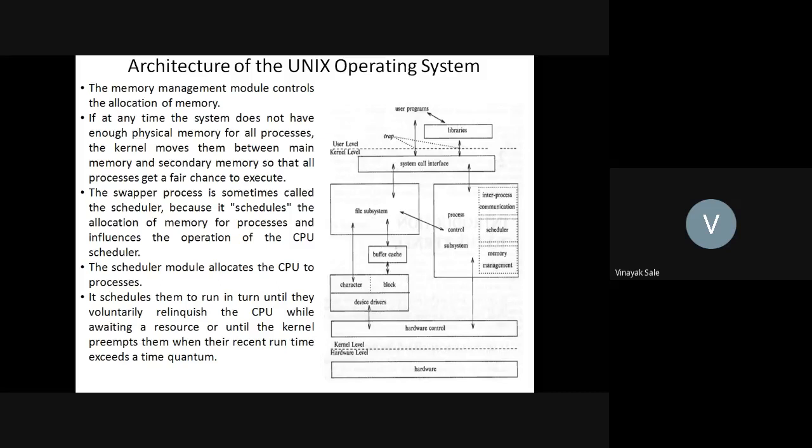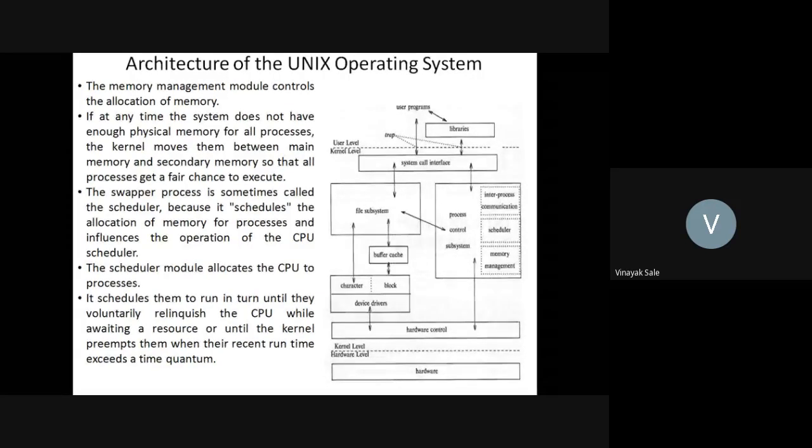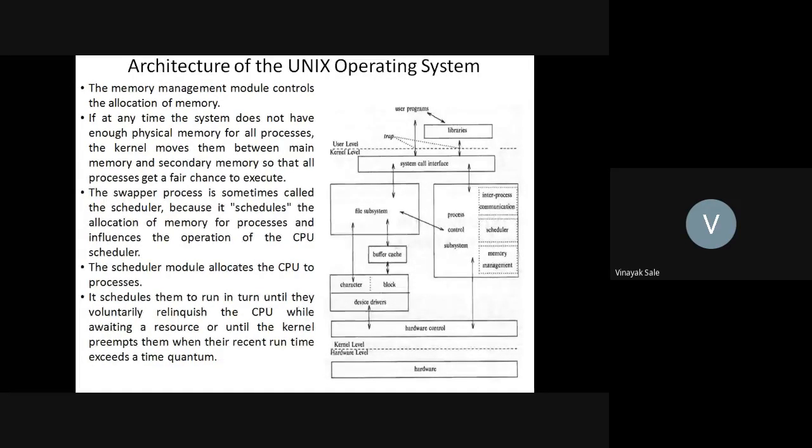At that time a scheduling algorithm is used, such as shortest job first, shortest remaining time next, first come first served basis, etc. The scheduler module allocates the CPU to the process.